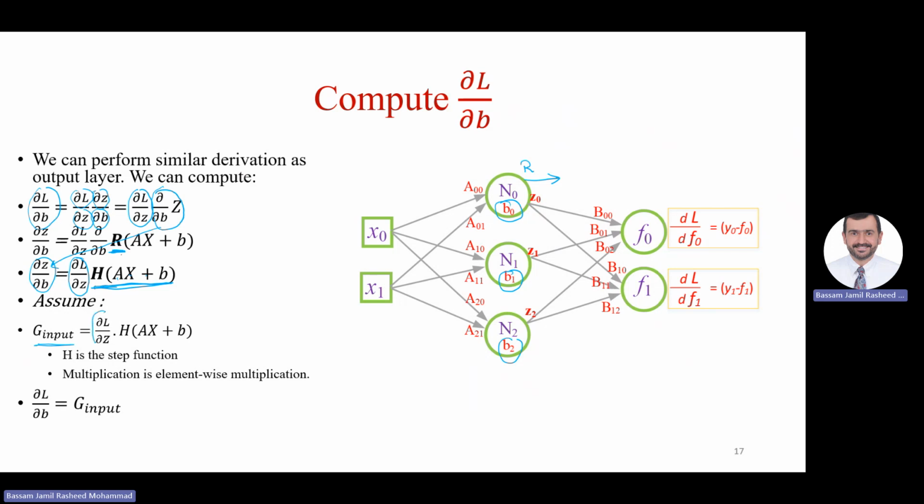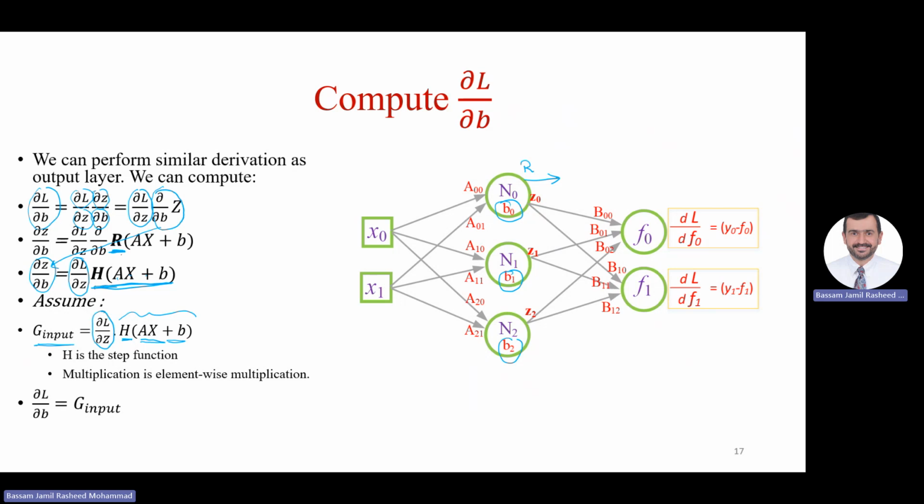So delta L over delta Z, which I computed in the previous slide, times this step function here. And the input to it is the A matrix times the X matrix plus B.